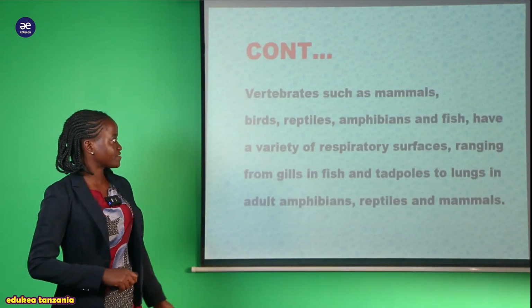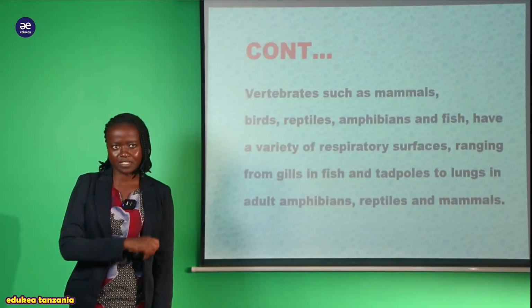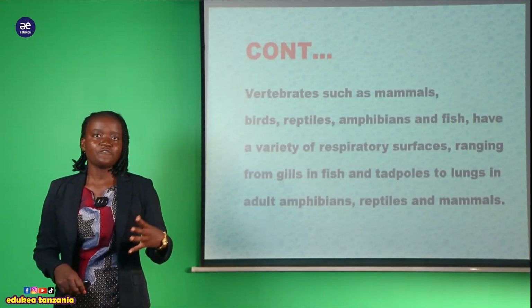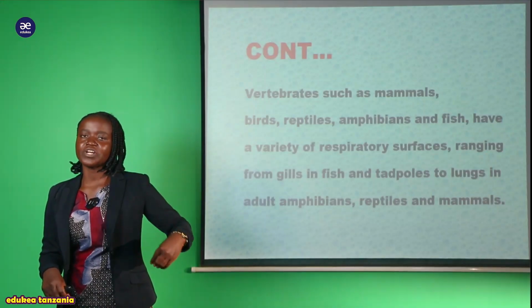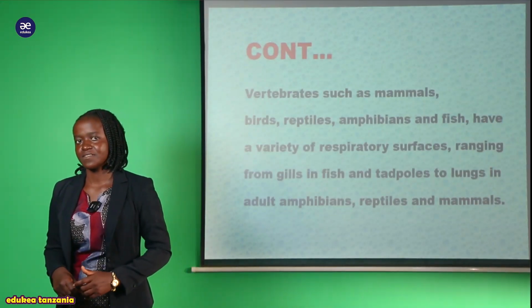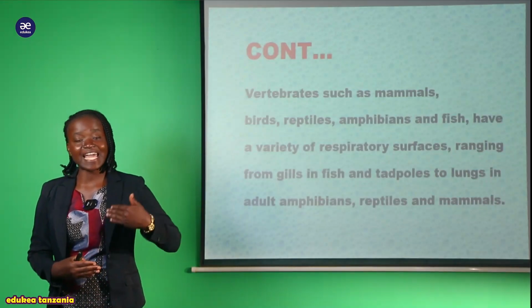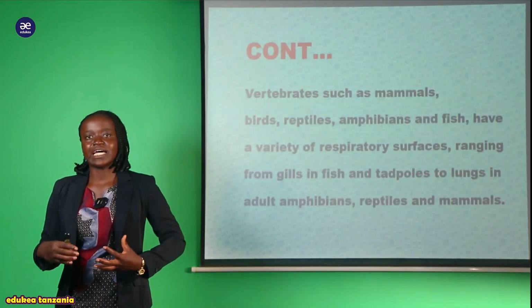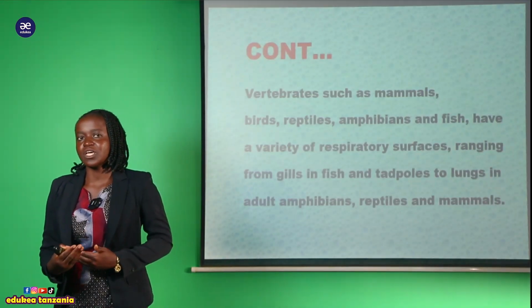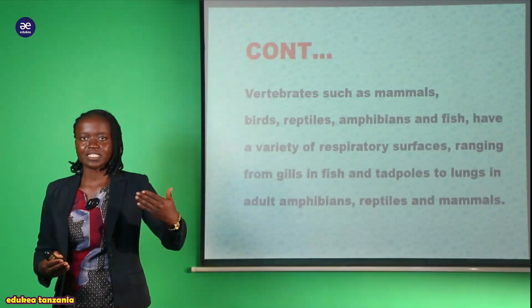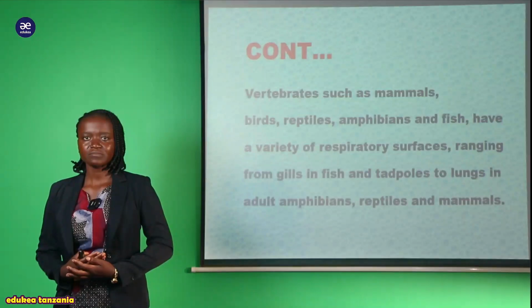So now we have seen that these organisms, from the mammal to the fish, all have their own respiratory surfaces. When we say respiratory surface, that is the area where gaseous exchange can take place. For example, mammals use lungs.